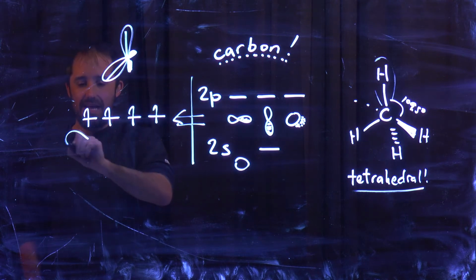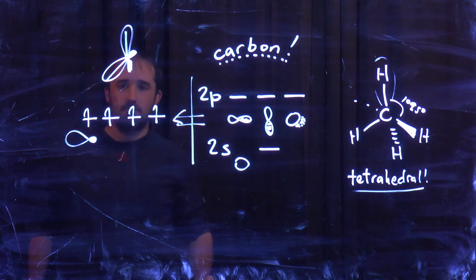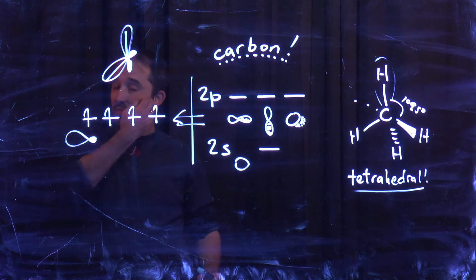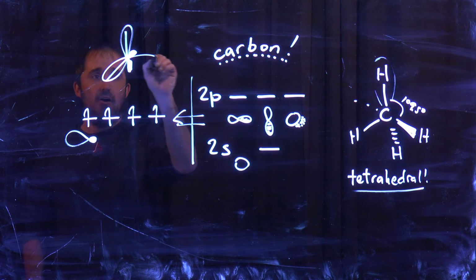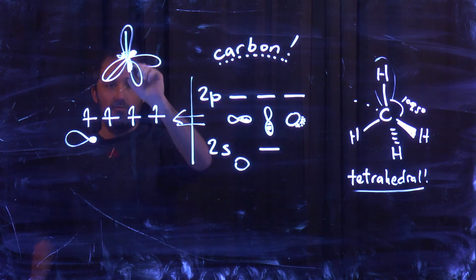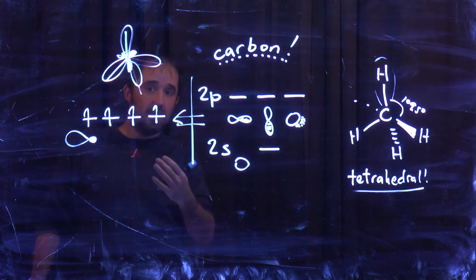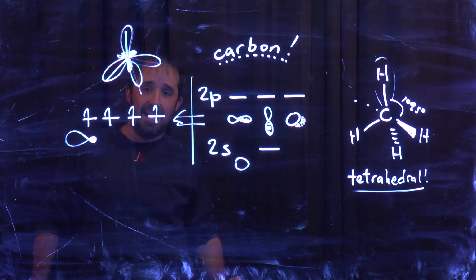So they're kind of like lopsided figure 8s. And again, this is telling me where the electrons are. So now in my new system, I've got my orbitals pointing along the bonds that I expect to have in the tetrahedron.